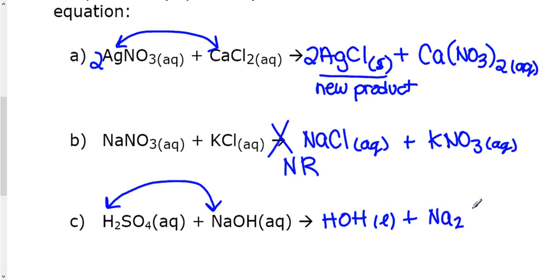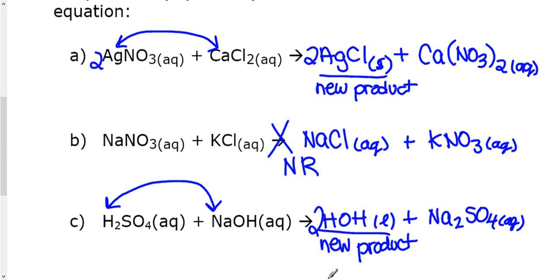Sodium sulfate is Na2SO4. When we have a look at that, here is our new product, water. So new product, that's our water. We know this is happening, so then we need to go and balance the equation, which means you need a 2 here, and you need a 2 there.